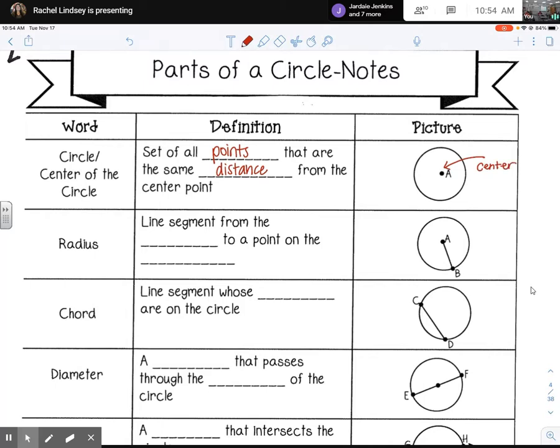Then we have the radius, which is the line segment from the center point to a point on the circle. So on that picture, that's AB.